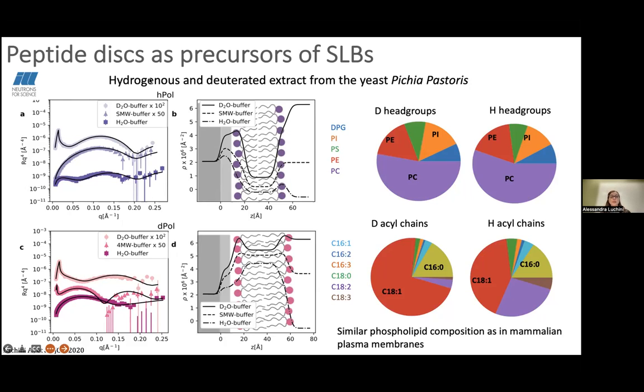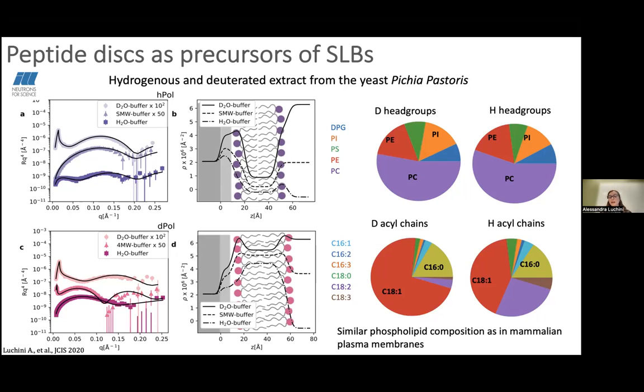In our case, I collaborated on this with ILL and the lipid lab that they have there, where they have now established quite reliable protocols for growing Pichia pastoris cells, which is a yeast, in both deuterated and hydrogenous culture media.